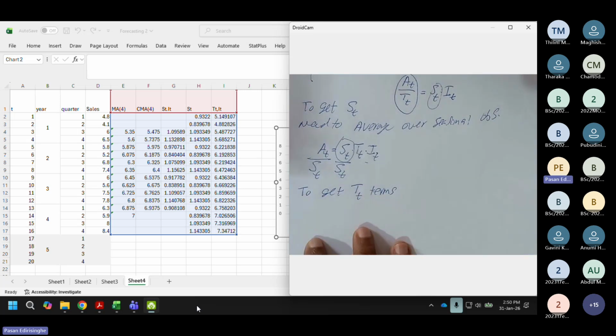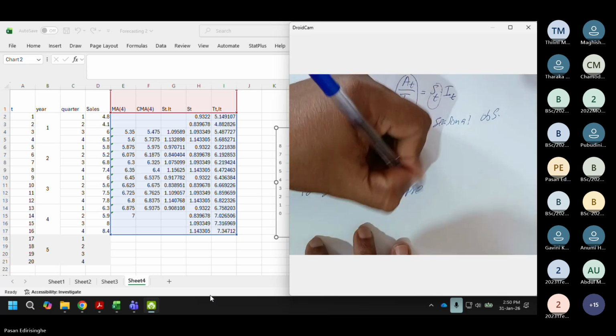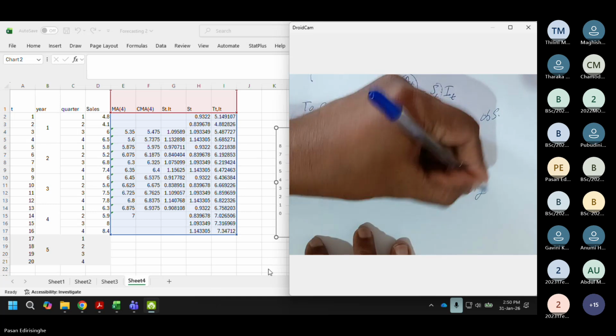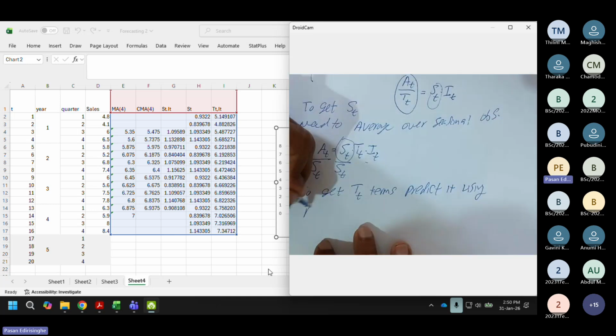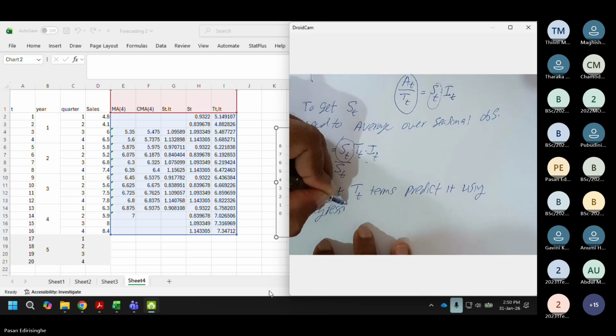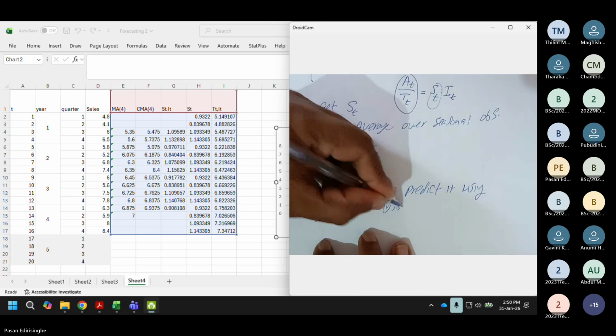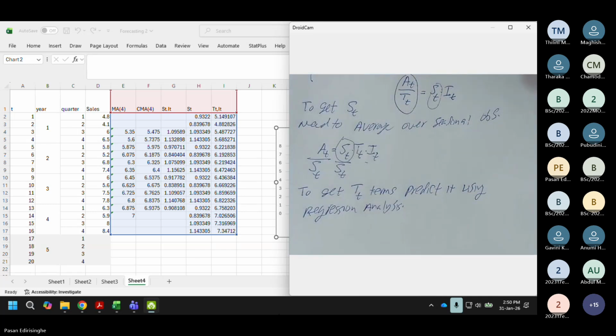So we can predict it using our regression analysis. So we can fit a regression line, right?